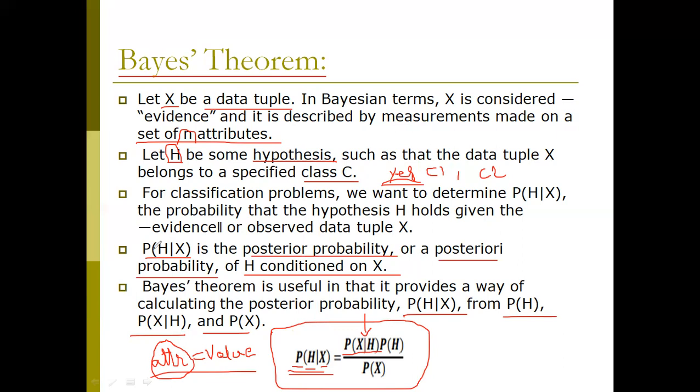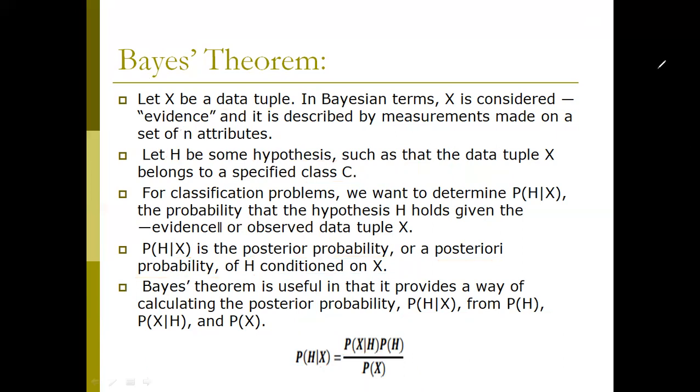H is conditioned on X. I'll show you how it is by explaining one example. It's not an example, just how to take the H value and X value. I'll show you in the next slide.